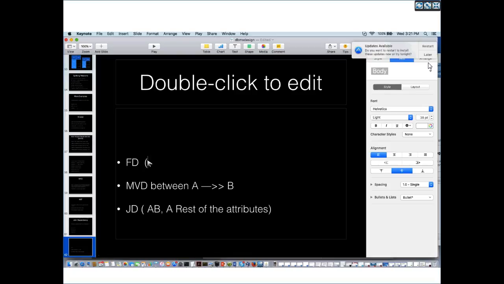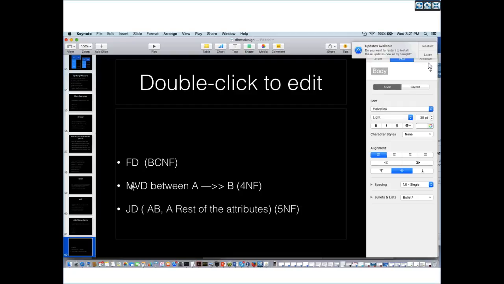A more general case is the MVD. So FD goes up to BCNF, what we consider as BCNF. Okay? Now, a more general case is the MVD: if an MVD is present in your relation, it comes as 4NF. Okay? And if a join dependency is in your relation, then it comes as 5NF.